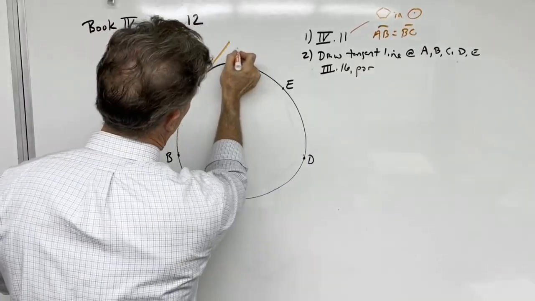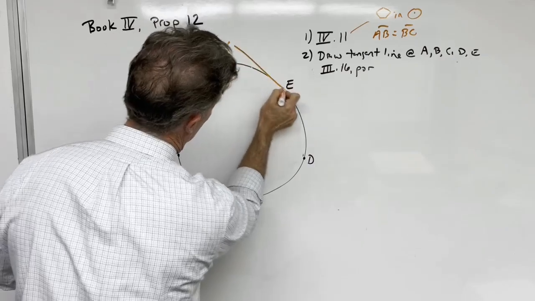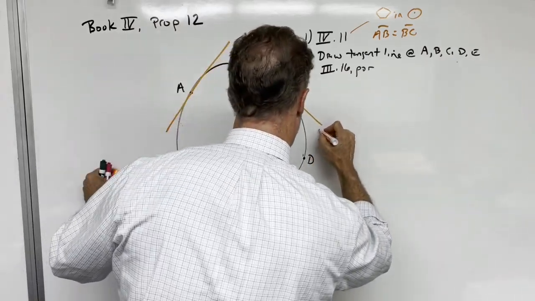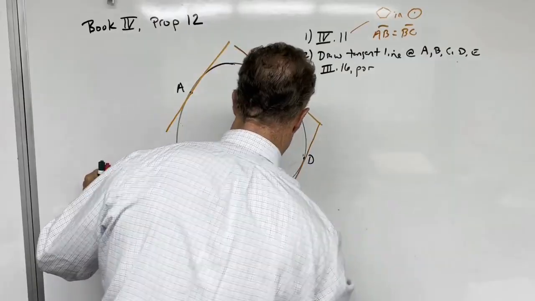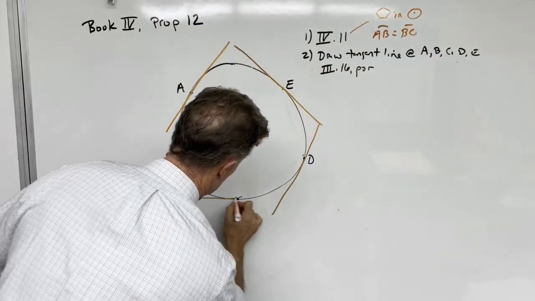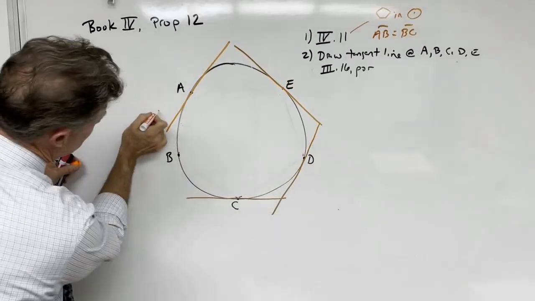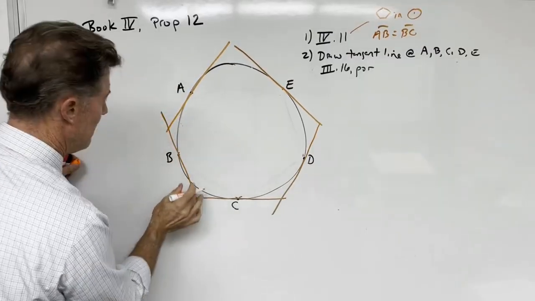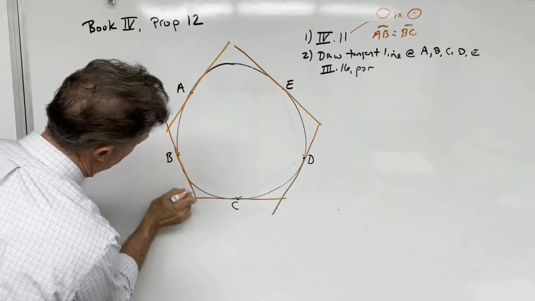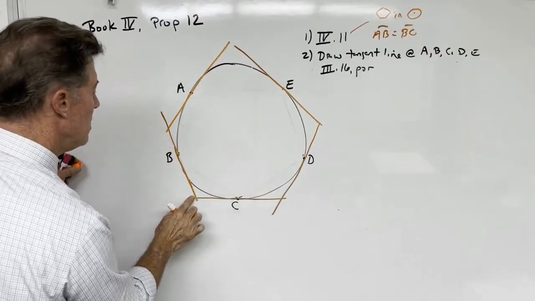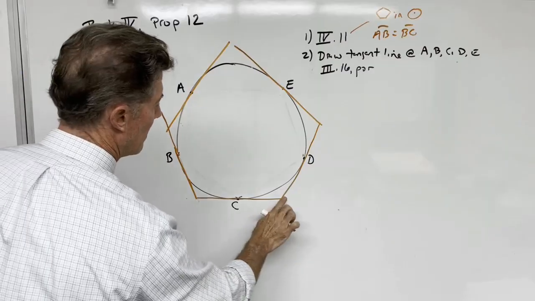We're going to draw a tangent line at E. We're going to draw a tangent line at D. We're going to draw a tangent line at C. And a tangent line at B. And we're going to extend them until they intersect.